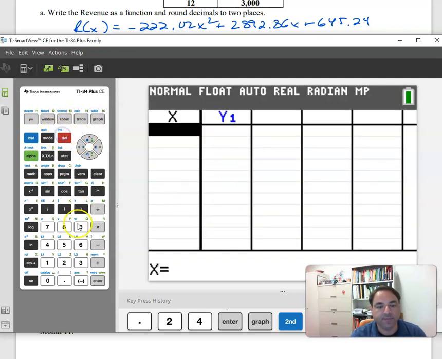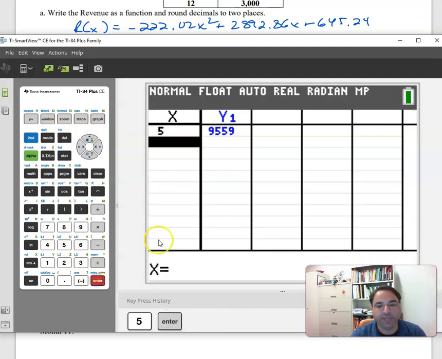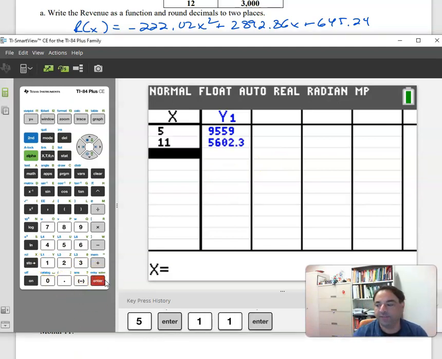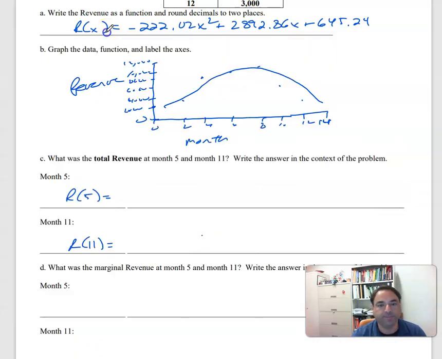And we plug in 5, and we get a revenue of 9,559. And if we plug in 11, we get 5602.3.